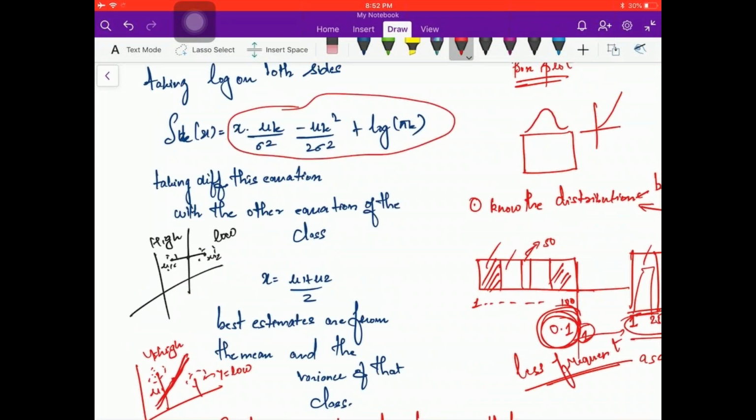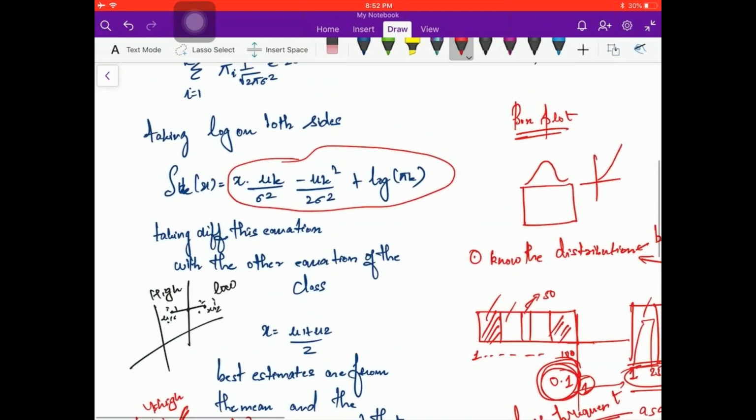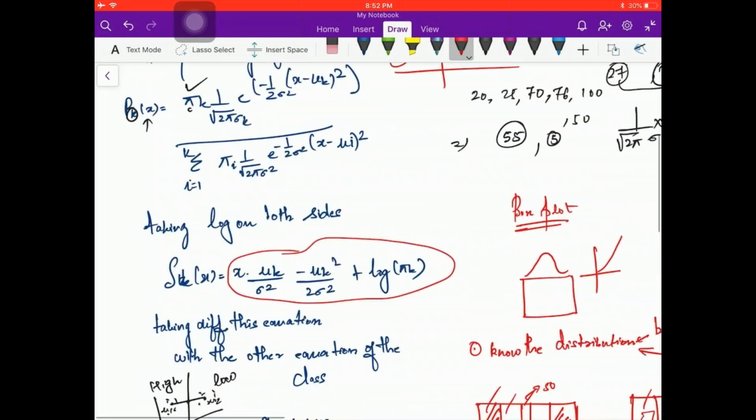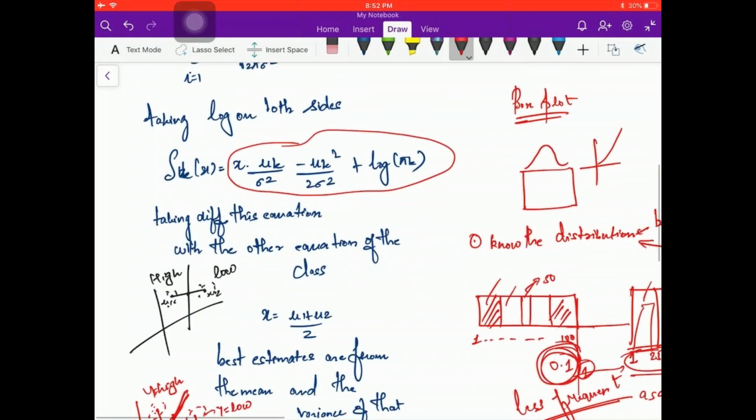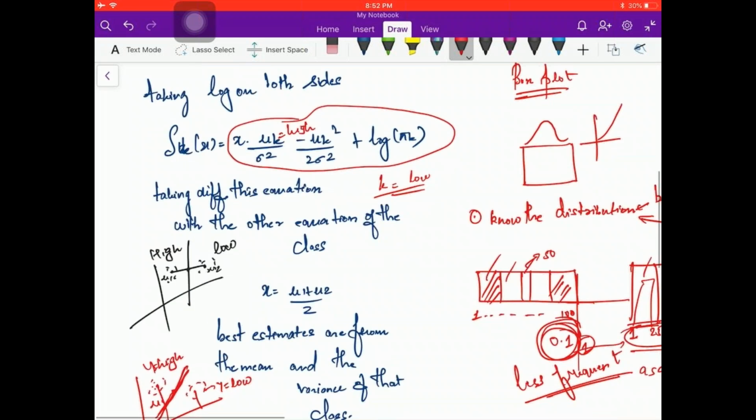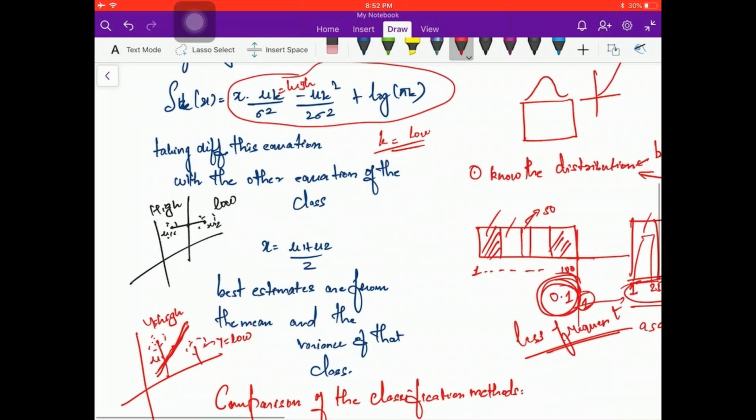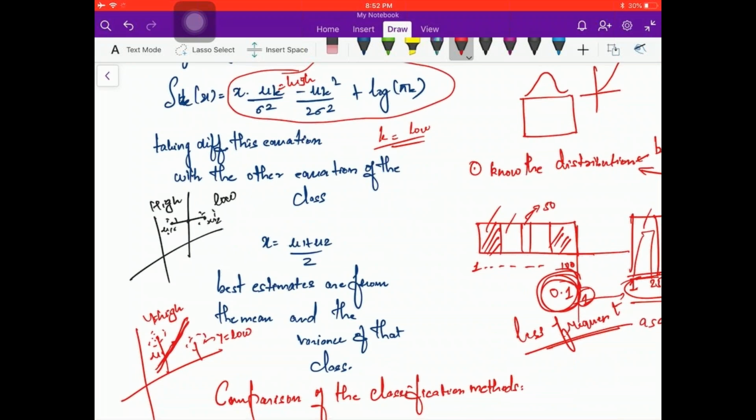So you understand this equation. This equation came from taking the log of these two equations. Like for k equal to high here, similarly k equal to low will come as an equation here. Now you equate these two equations. When you equate, it means that the probability of a point falling in high and low is equal.